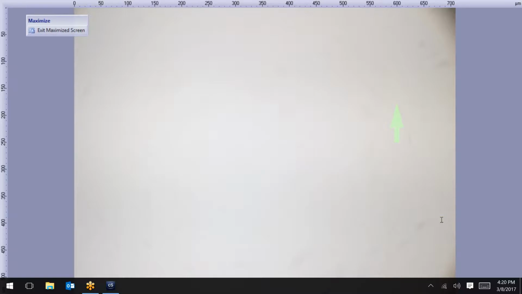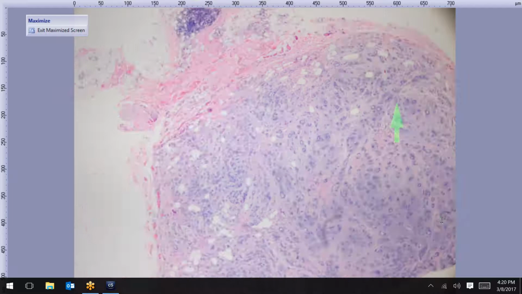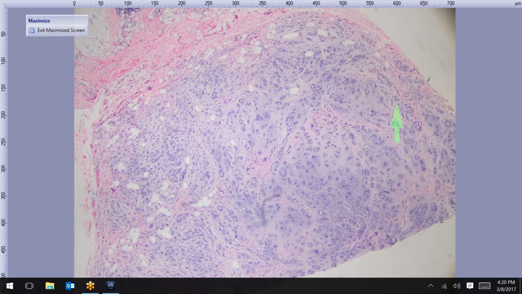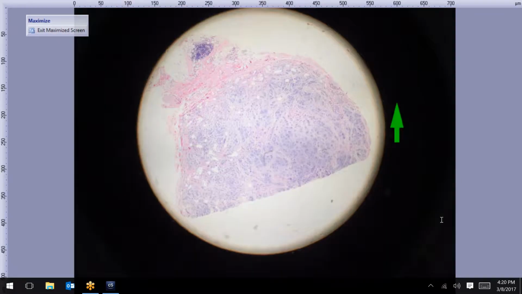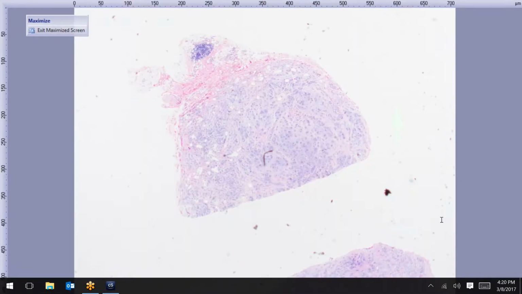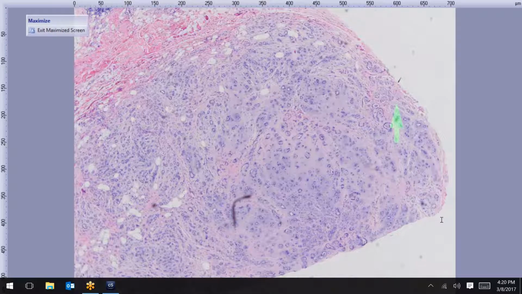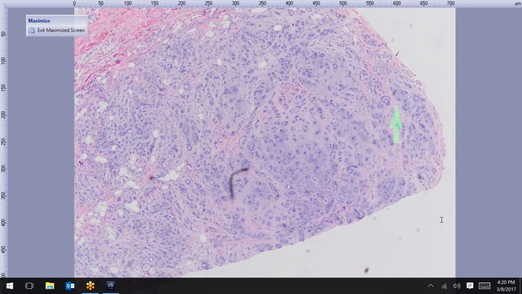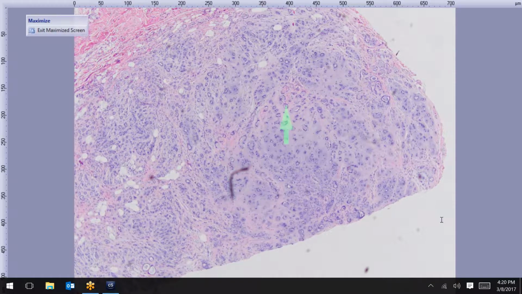Okay, so we've got this. Let me go on lower power for a second. Really just a nodular aggregate of this material here. And you can almost appreciate, even at this power, and somebody said mixed tumor, that's absolutely correct, that it's chondroid. You've got a combination of little lumens all over the place, and then the stroma varies: fibrotic, chondroid.